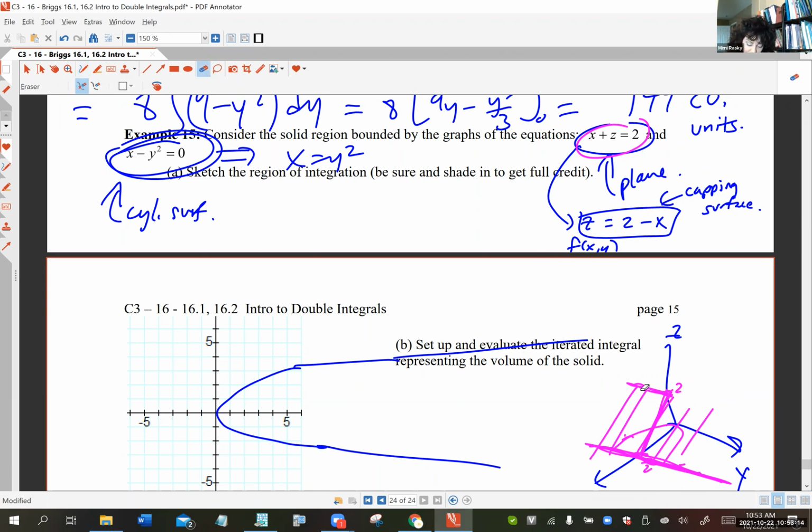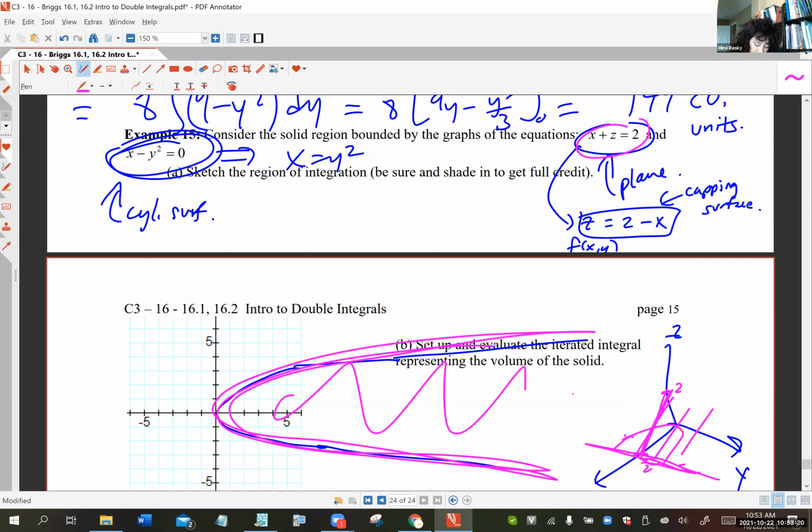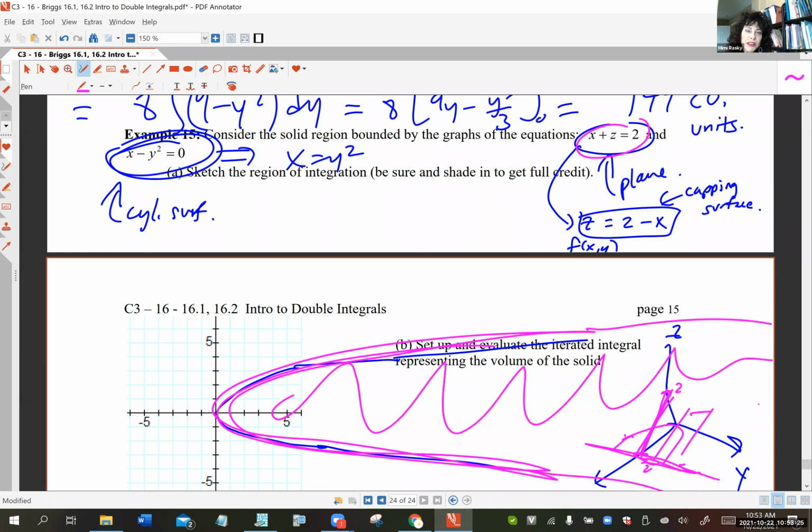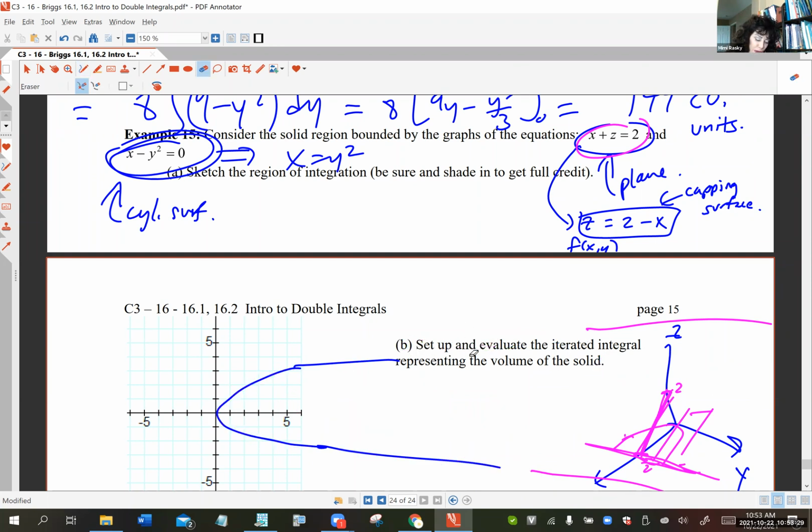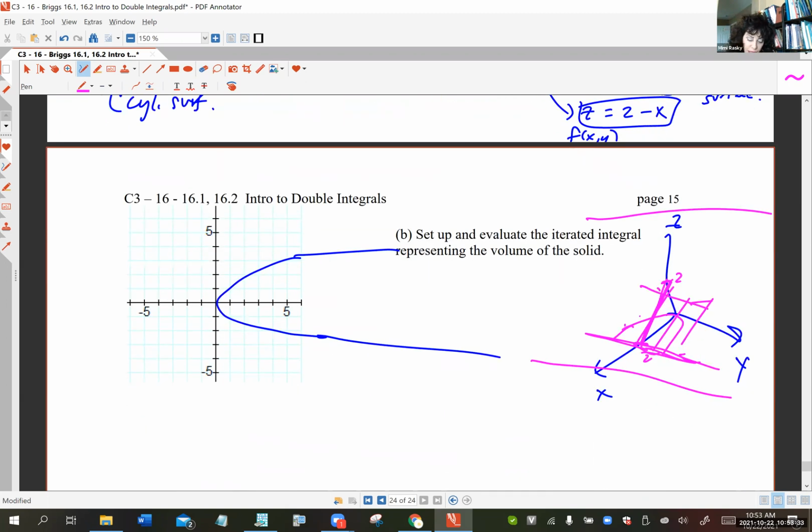A lot of times when students do this problem and they're not thinking, they go, oh, look, this parabola goes on forever and ever. It looks like the base of the solid goes on for infinity. They didn't give us enough information. We have an infinite base. No, no, no, no, no. This particular solid's capping surface cuts through the x-axis.